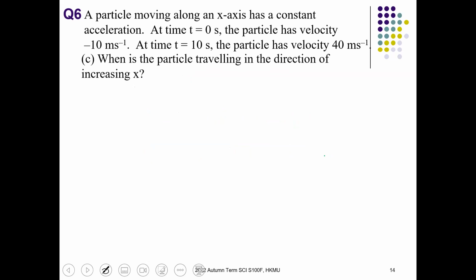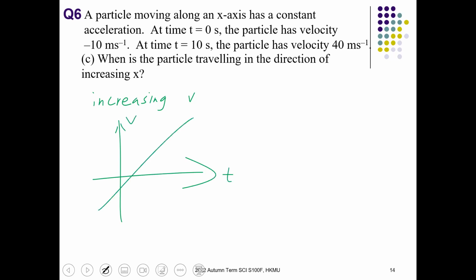In part C, when does the particle travel in the direction of increasing x? Indeed, we can refer to the direction of the velocity. If we go back to what we have from part A, this is what we have.